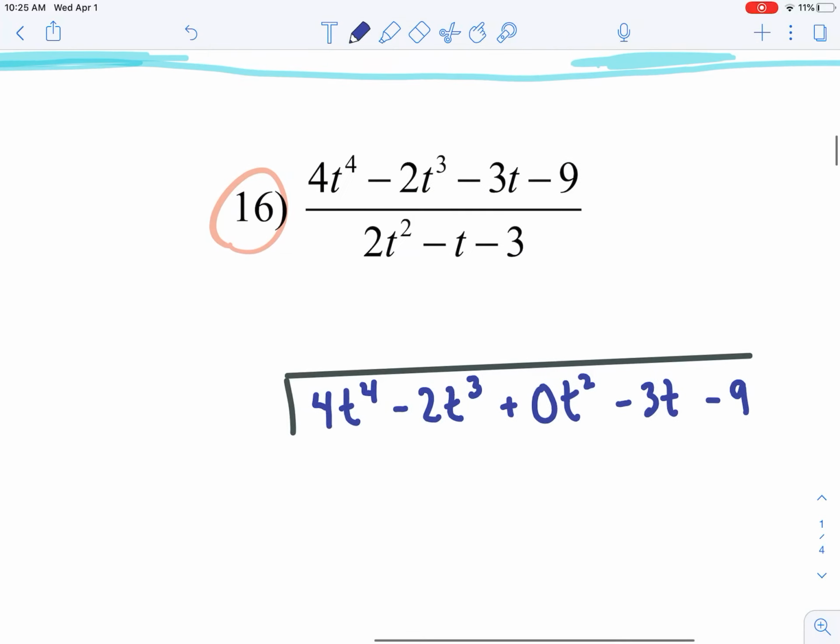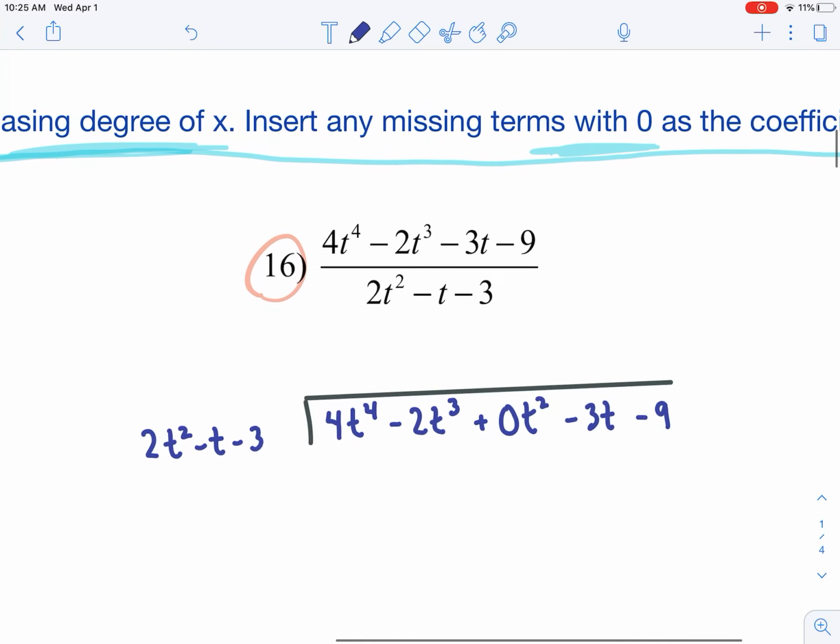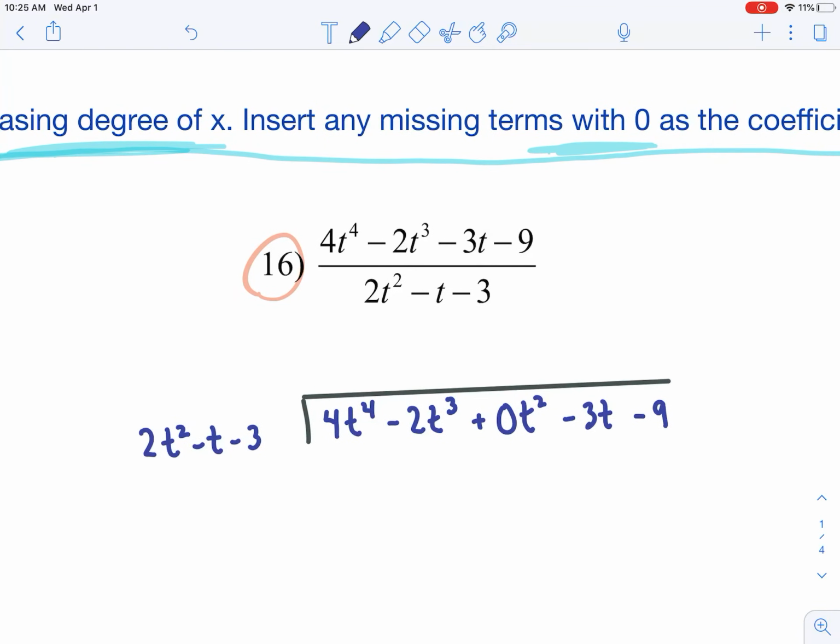And my divisor. Okay, now I'm going to work. I need to think about what can I multiply t squared by to give me 4t to the 4th.